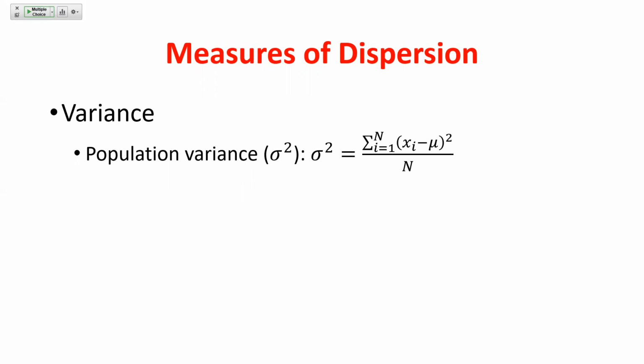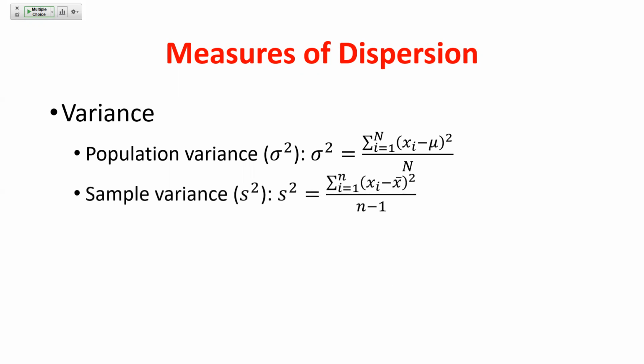Once we've done that for every observation, add them all up, and then divide by the total number of observations we had. If it was sample data, it's the same process. We just divide by n-1. Dividing by a smaller number inflates that variance a little bit, and errs on the side of caution because we only have sample data.